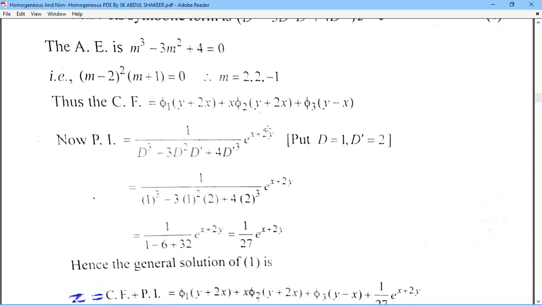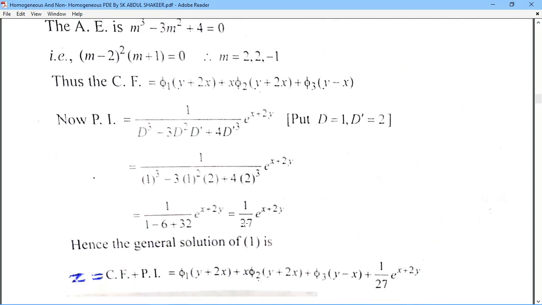Now finding the particular integral, the formula is 1 by f of D D dash, e power ax plus by. a is 1 here and b is 2. In this case we have to replace D equal to a and D dash equal to b. But what is a here? 1, and b is 2. So we have to put D equal to 1 and D dash equal to 2. Clearly, substituting these values, the denominator value is non-zero. So here we are getting 27.